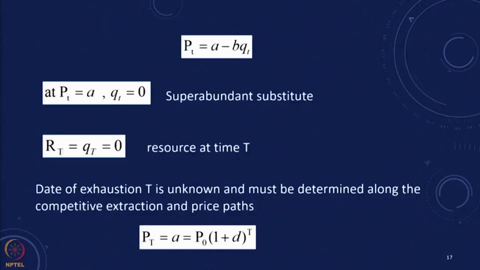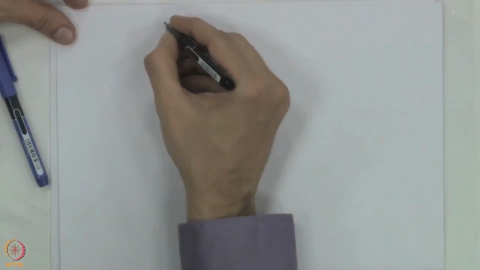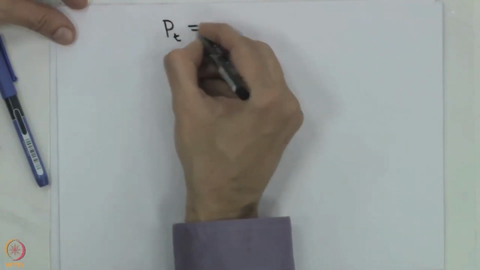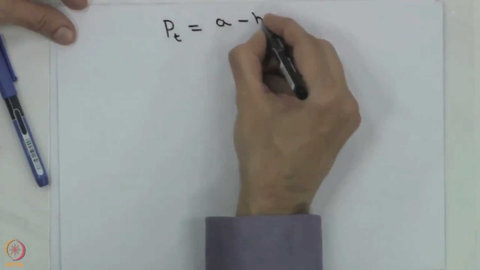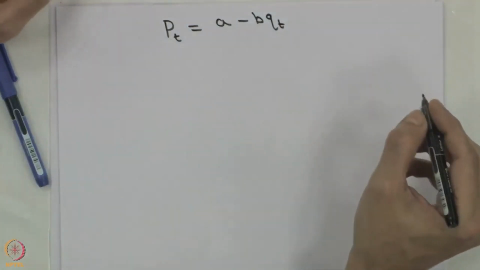We start with the competitive mining industry which is facing a linear inverse demand curve. Let us say that Pt is A minus B Qt. Okay, so that is given as the demand curve.